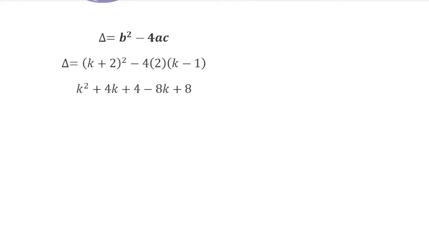Here we have like terms, so we have k squared, then minus 4k, minus 4k, and we add the like terms, 4 plus 8, that will be 12.